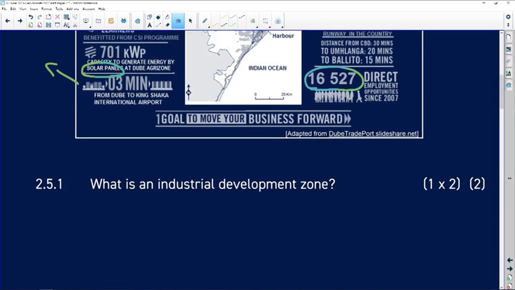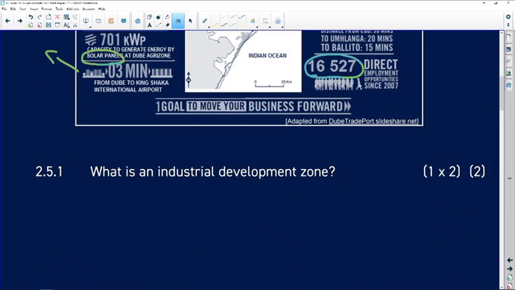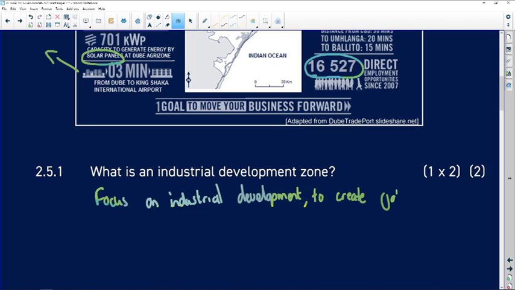Let's have a look at the questions that are being asked. What is an industrial development zone? Okay, it focuses on industrial development, to create jobs, and promotes exports.